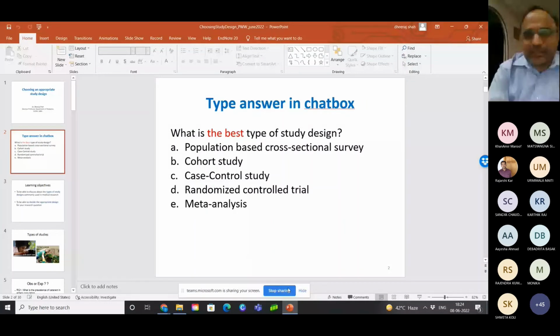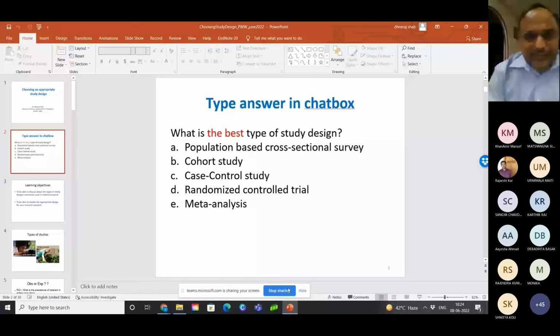It depends on the research question, or the type of objectives and outcomes you are planning. In yesterday's session, you must have got some knowledge about the outcomes and objectives. Depending on what your main objectives of the research are, the study design has to be decided. I'll give some examples later in the course. It is not that meta-analysis is the best type of study design.